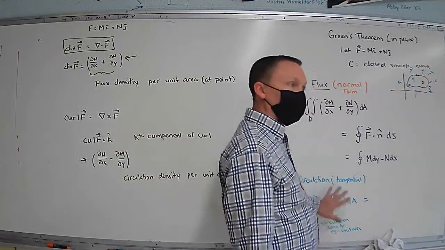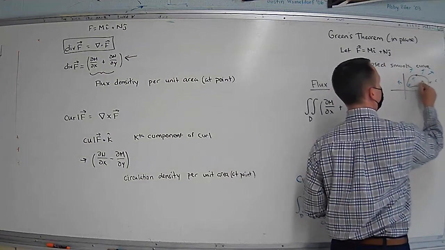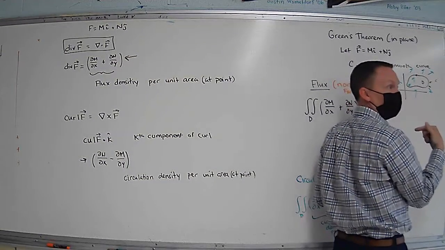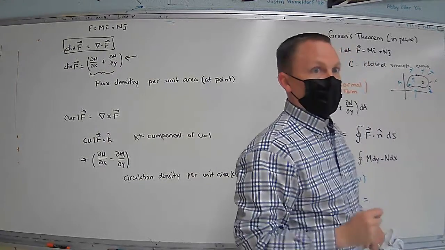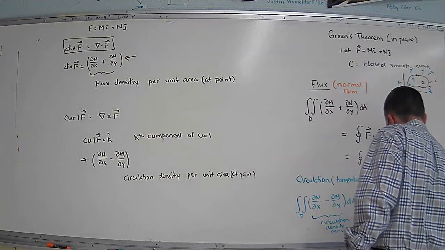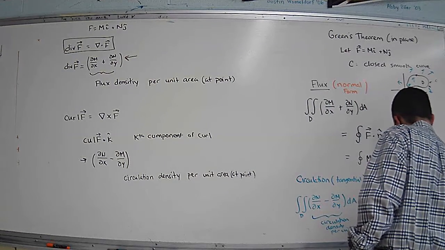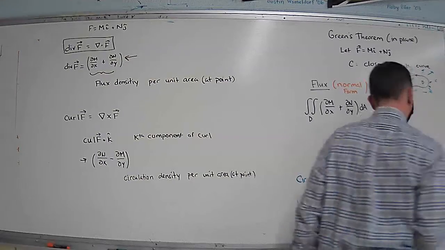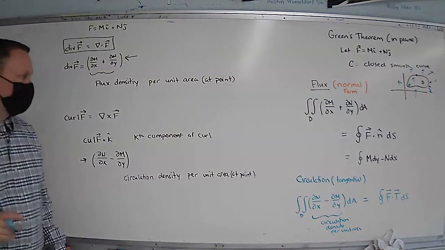What this calculation is telling us is the sum of all of the circulations per unit area, the sum of the rate of change of circulation per unit area over the whole area. What's it equal to? It's equal to the net circulation along the edge.